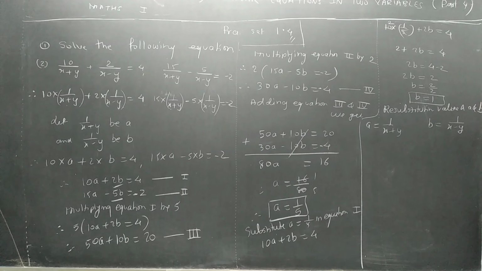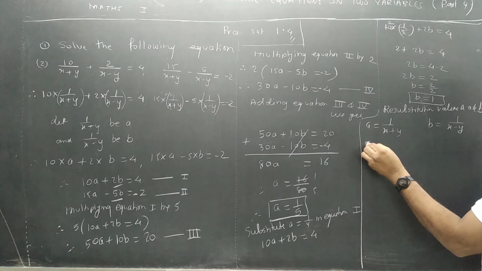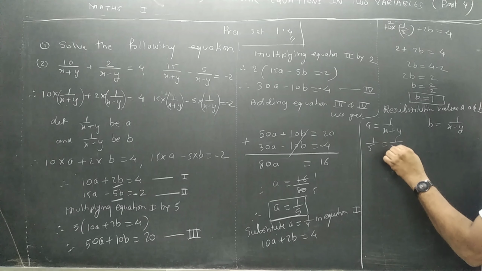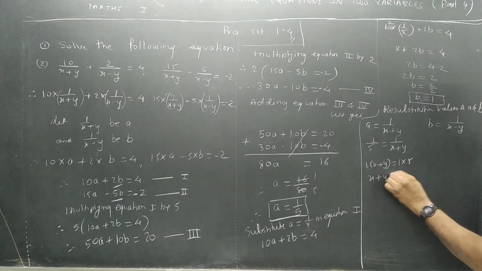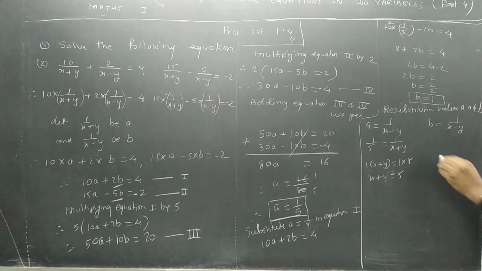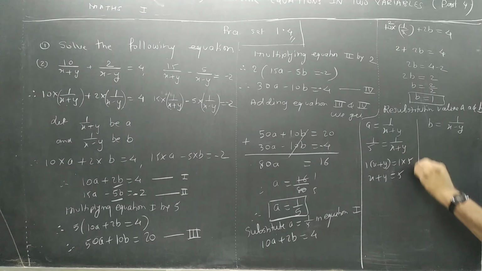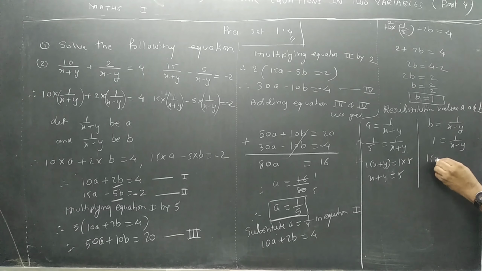So instead of a, what are you going to write? 1 upon 5, sorry. 1 upon 5 is equal to 1 upon x plus y. If I cross multiply, this will become x plus y is equal to 5. And over here, 1 is equal to 1 upon x minus y, so x minus y is equal to 1. So again we got new equations.